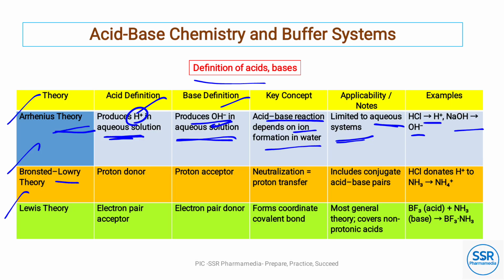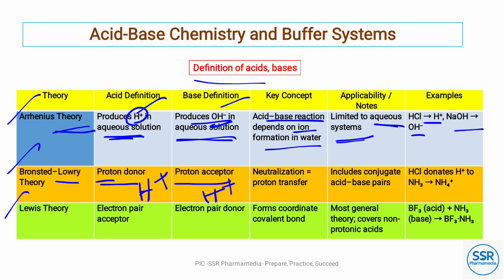Next, the Bronsted-Lowry theory. According to his theory, he explained based on proton donors. Acid donates protons and base accepts protons. Protons are also hydrogen ions, but here the donation and acceptance can happen in solvents other than water, and also in water.